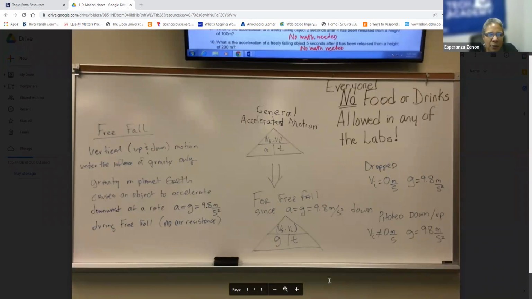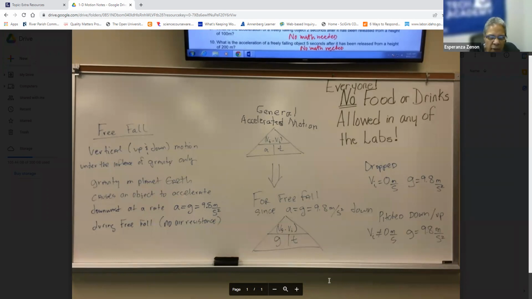Remember, free fall is vertical motion, up or down, under the control of gravity only. So if our object is moving up or down, that's vertical, and gravity is the only thing controlling it, no air resistance, then the object is considered to be in free fall.